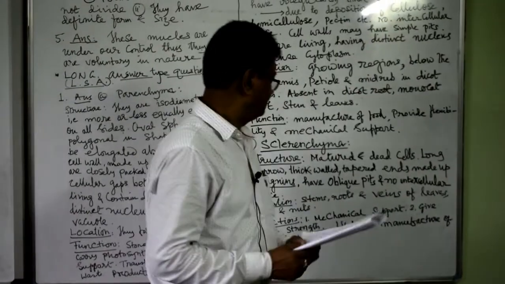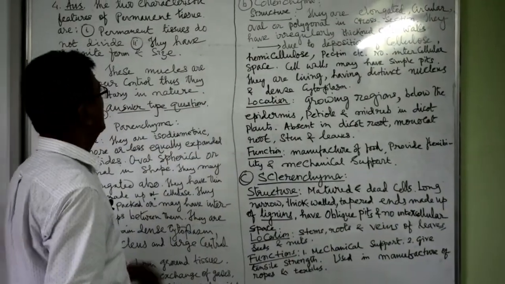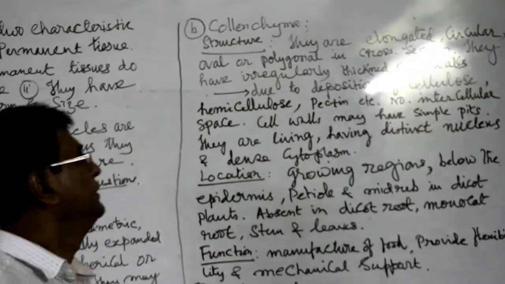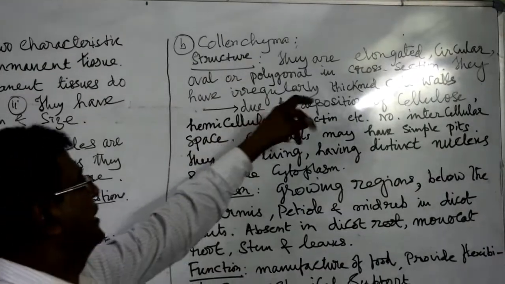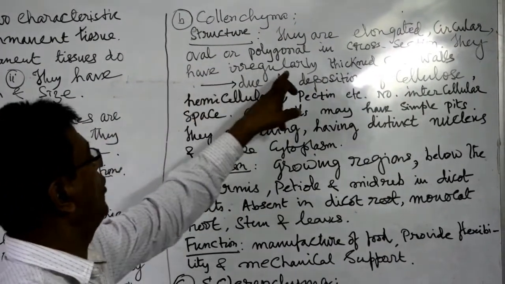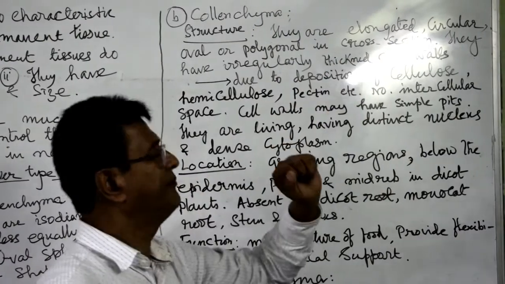We come to question number 1B, collenchyma. The structure: they are elongated, circular, oval or polygonal in cross section.